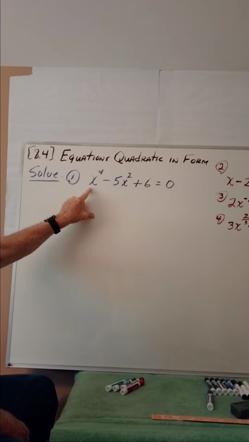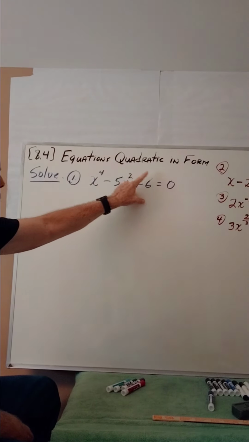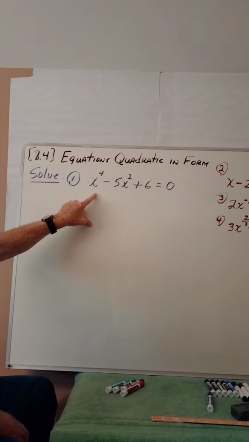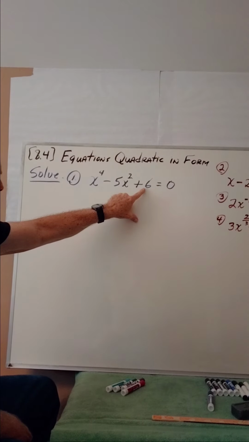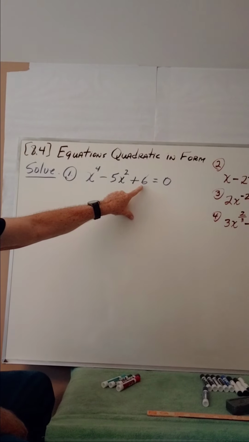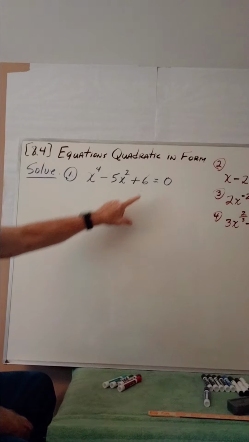First characteristic, the polynomial on the left-hand side must be a trinomial. Secondly, the last term of the trinomial must be a constant term. The last term cannot be a variable term. It has to be a constant term.